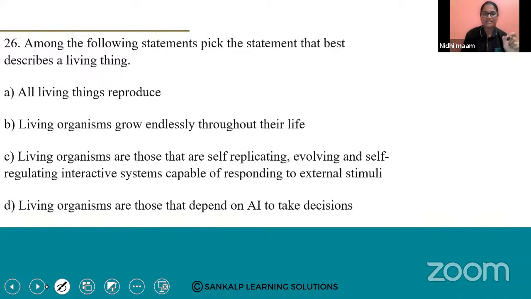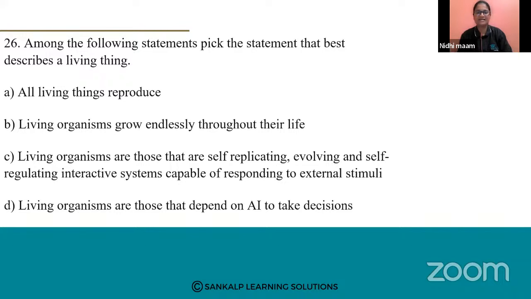Living organisms are self-replicating, evolving, self-regulating, interactive systems capable of responding to external stimuli, that is, they respond to a stimulus from outside. Living organisms are those that depend on AI, that is artificial intelligence, to take the decisions. Which is a right description?